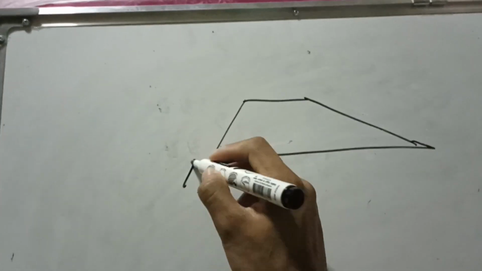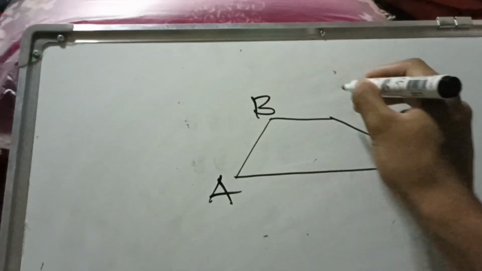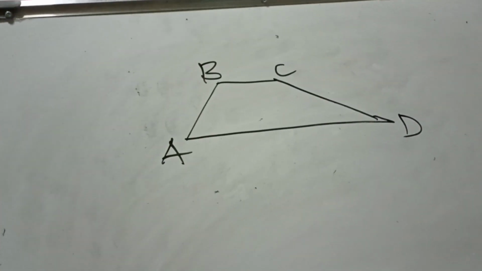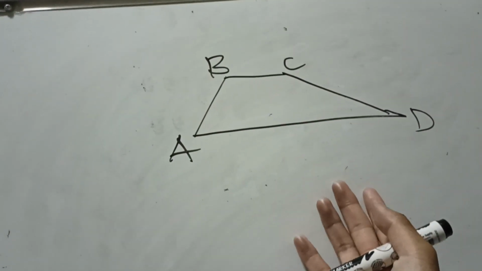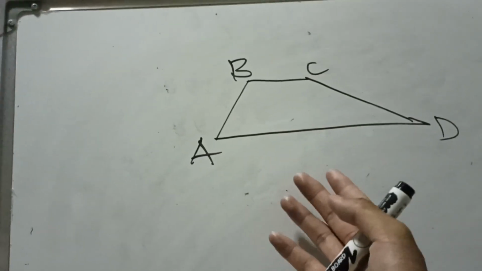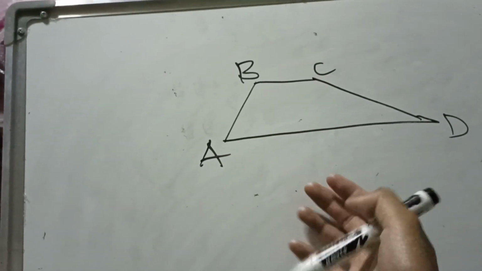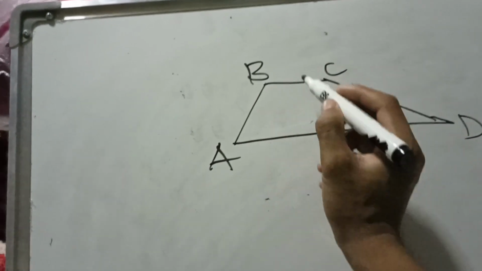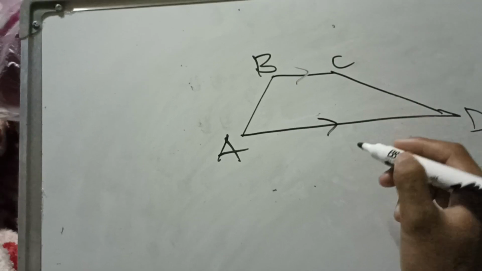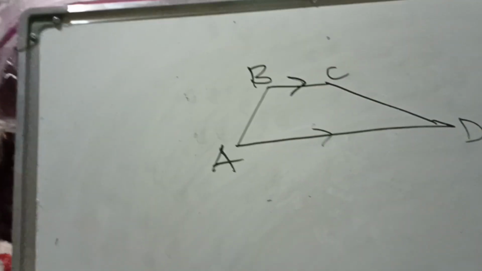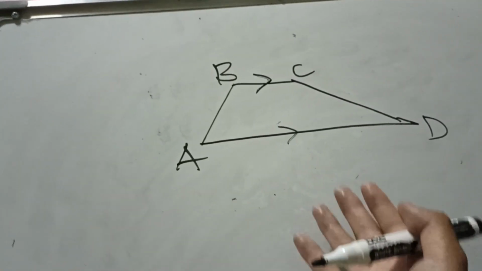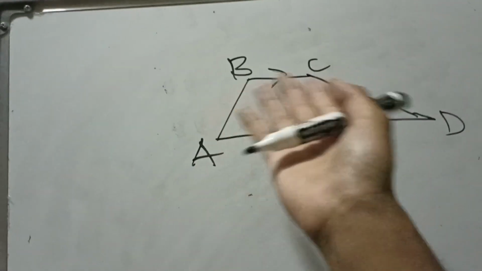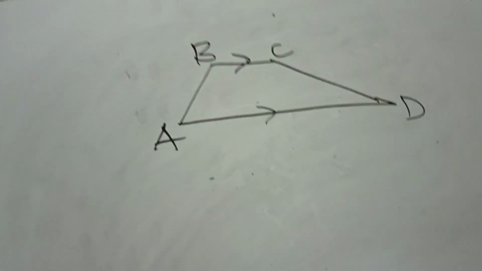Let's call this A, B, C, and D. In a trapezoid, the difference from an isosceles trapezoid is that these legs are not congruent, but the bases are parallel, same as in the isosceles. But in the trapezoid, these are the only ones that are parallel. The legs are not congruent.